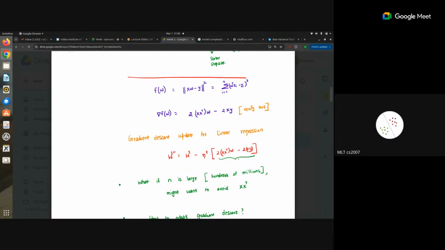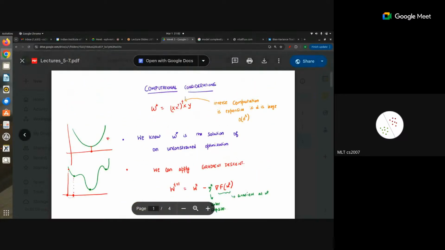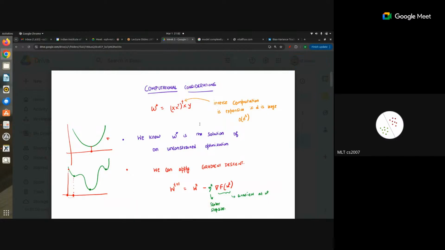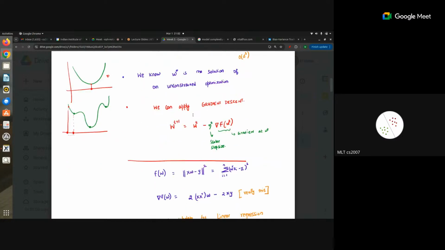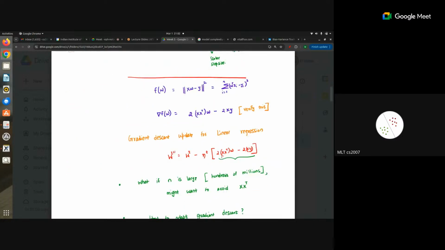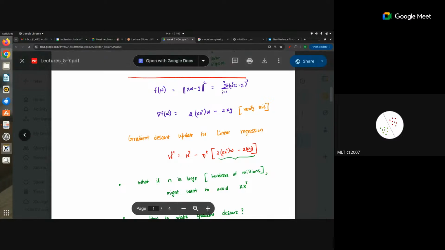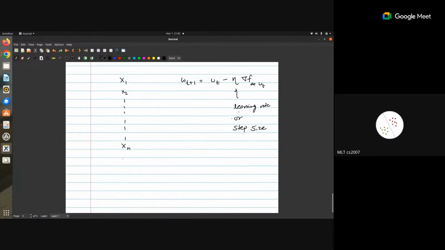In the gradient descent, why are we choosing gradient descent over the normal w star? We don't need to calculate the inverse, but still we need to calculate X X transpose, right? If you have large training examples, what are the dimensions of X X transpose in this case?